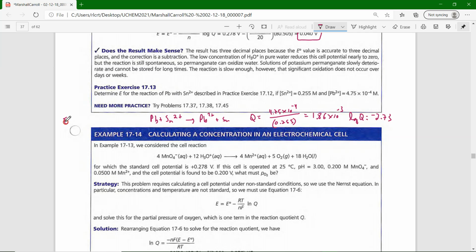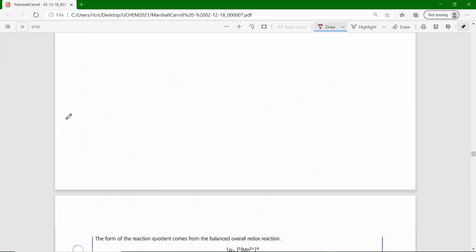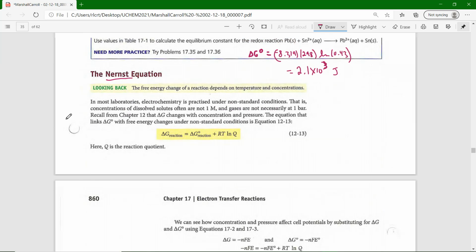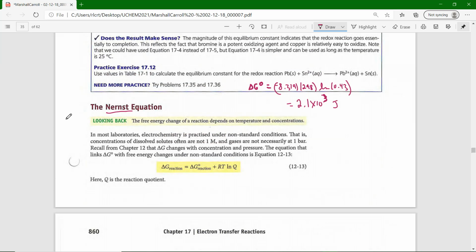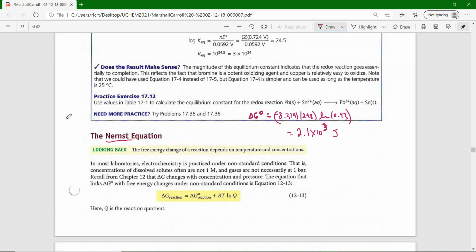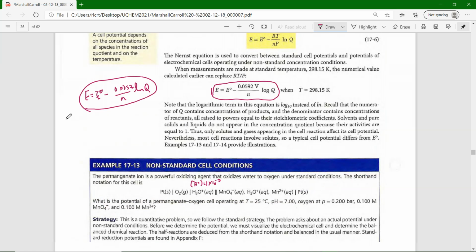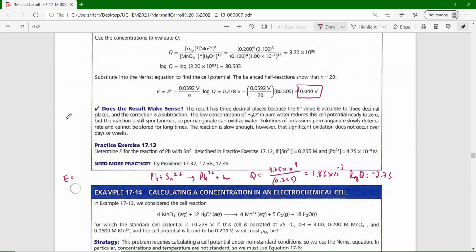My E equals E naught. So E naught I did in practice exercise 17.12, which I don't know if I still have that written out. Or is that when I refreshed the things there? Oh, delta G naught equals minus RT. Okay, well, fine. I'll just look at it again. It's no big deal. Let's go back to where we were. Okay, so I got to go back to the table.